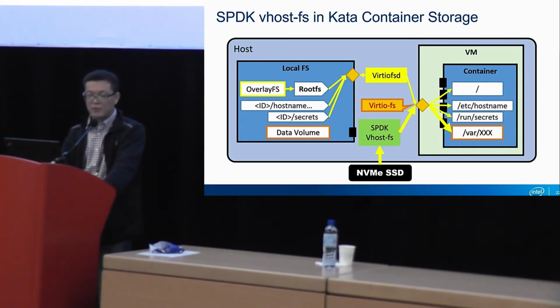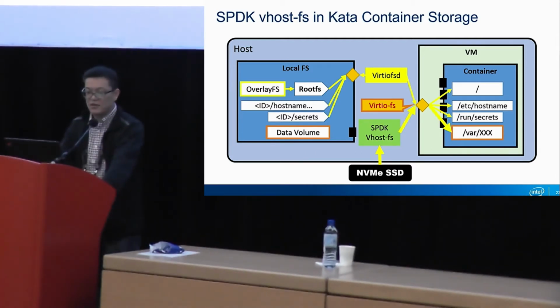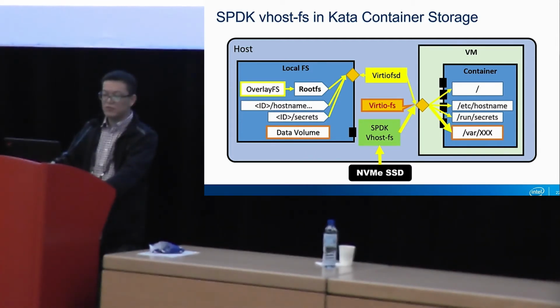And for the data volume part, because this data volume is persistent to the directory or the storage medium, we do need a small patch in the Kata containers to start SPDK Vhost-fs and to mount the data volume into the VM.